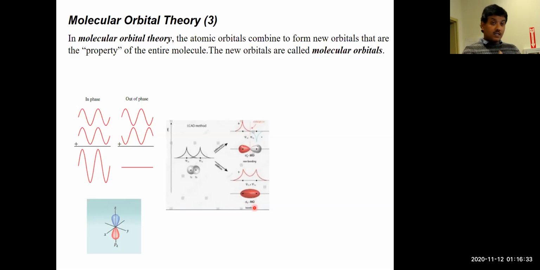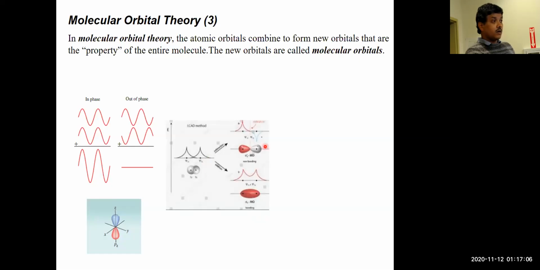Another thing you need to know is that bonds happen because they are stable. When atomic orbitals combine to form molecular orbitals, the bonding orbital is lower in energy compared to the atomic orbitals. See here, higher in energy and lower in energy. The bonding molecular orbital is lower in energy compared to the anti-bonding, and anti-bonding molecular orbitals are higher in energy compared to atomic orbitals.